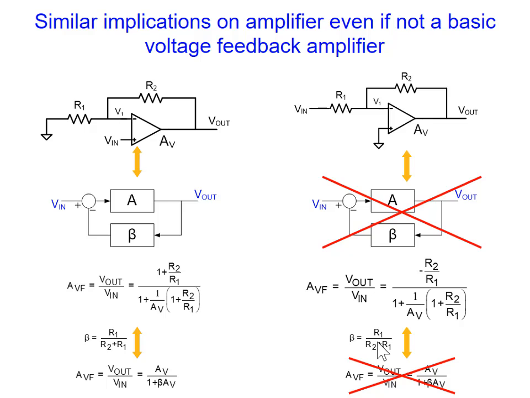We have similar implications on an amplifier, even if it's not the basic voltage feedback amplifier. So this structure here, we're able to draw like this. This structure on the right, the basic inverting amplifier, which is more widely used and doesn't have a common mode input issue, cannot be drawn as a voltage amplifier in this mode. The gain with feedback for this structure is actually this form.